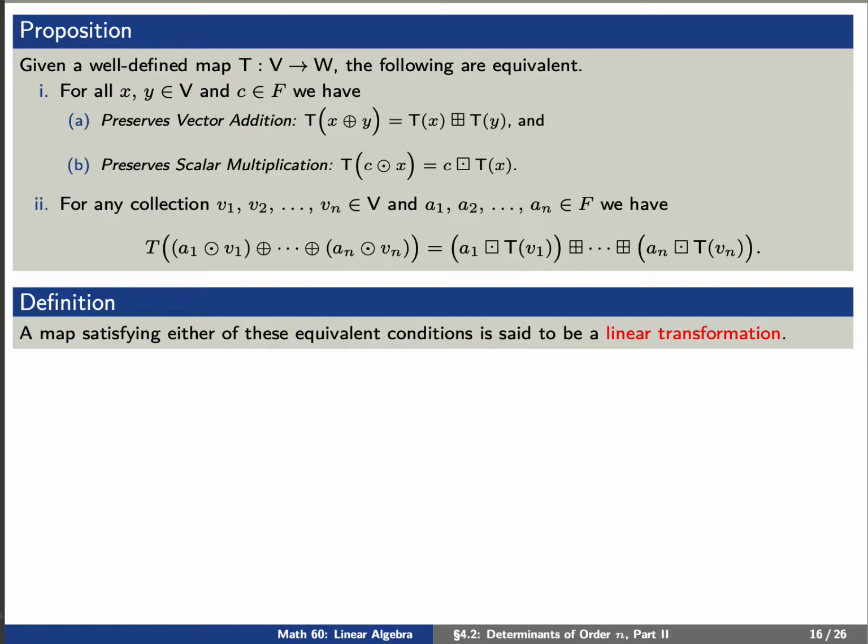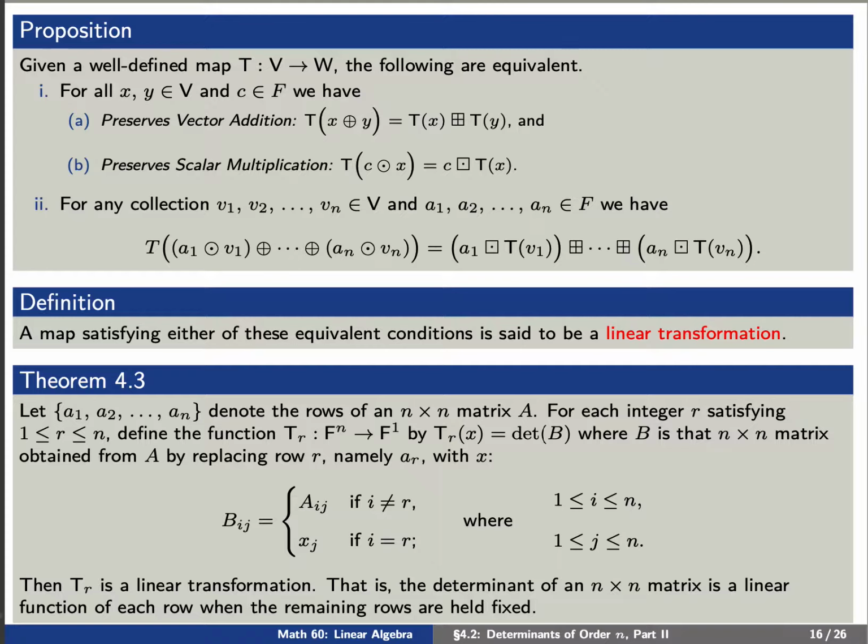So here's the main result for today. Say that we have an n by n matrix A, and let's denote A1, A2 through An as the various rows of this matrix. For any integer r between 1 and n, let's define Tr as the following function.